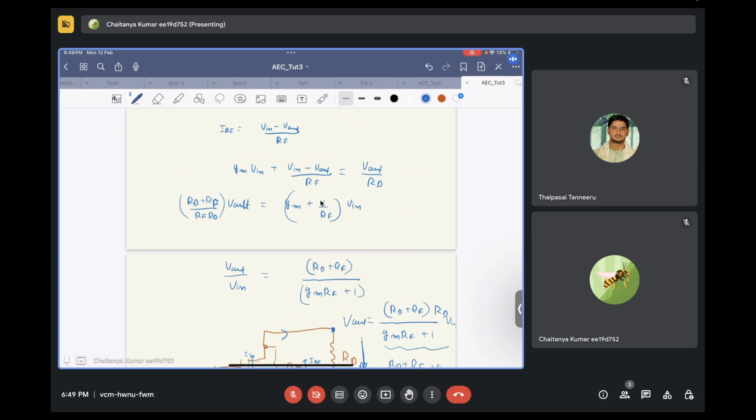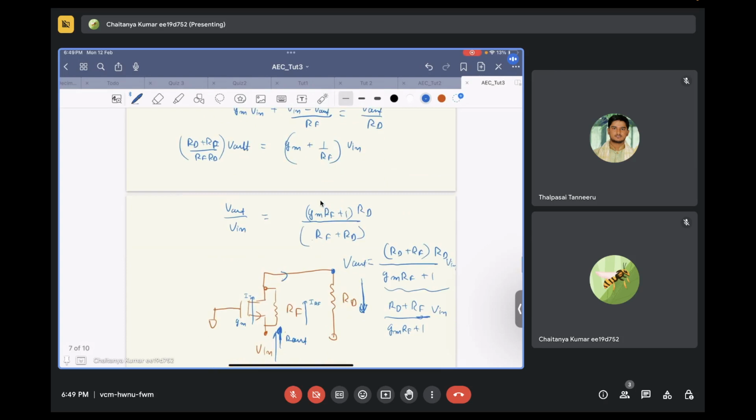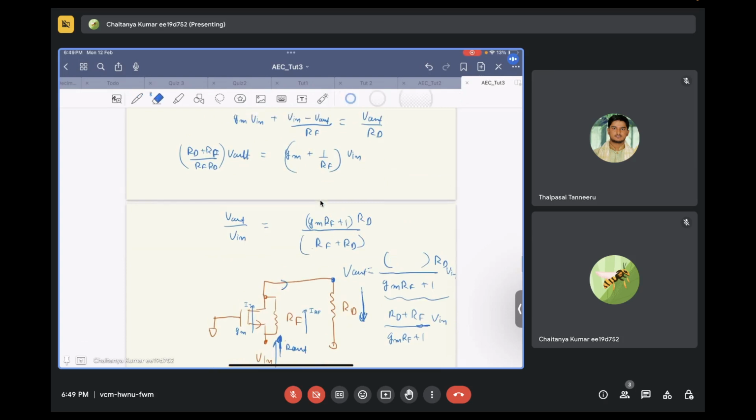RD will be at the top. GM RF plus 1 divided by RF plus RD.